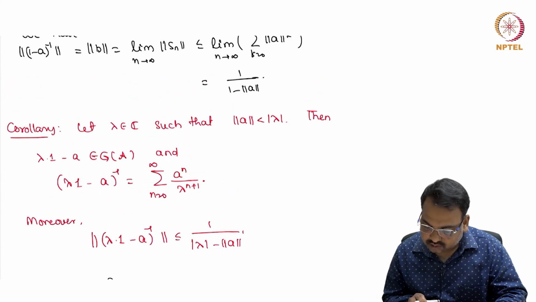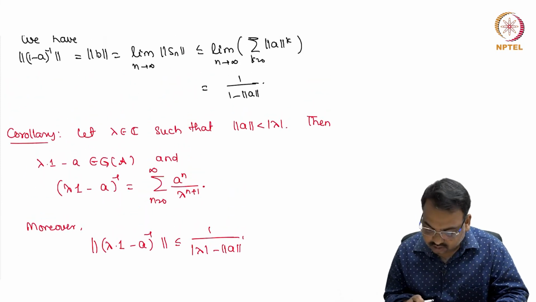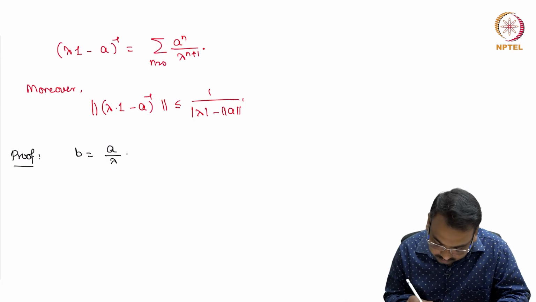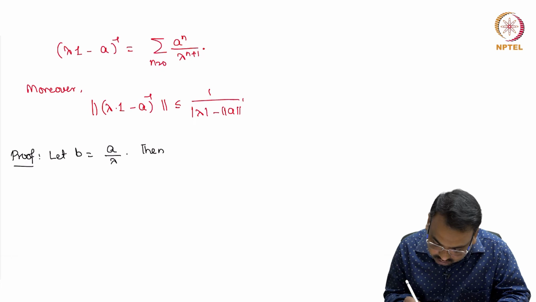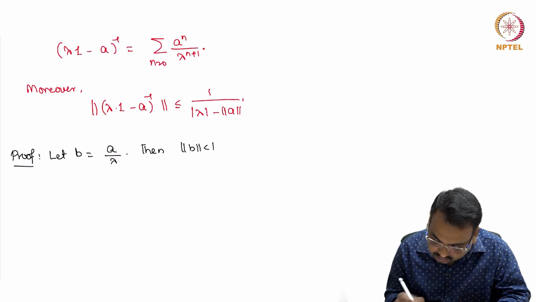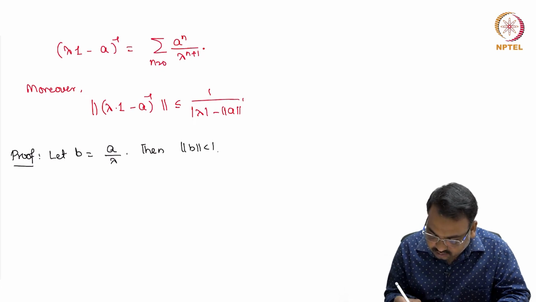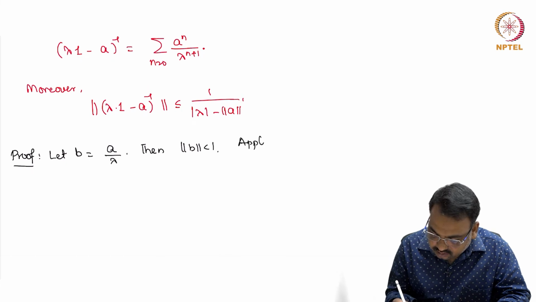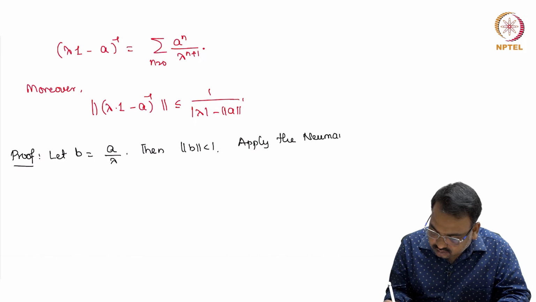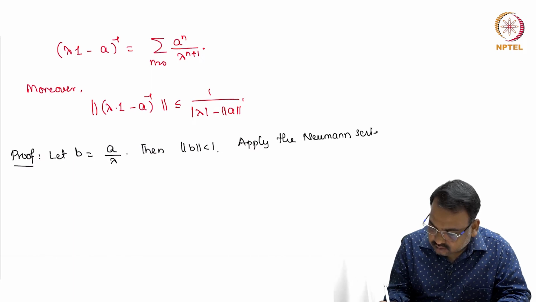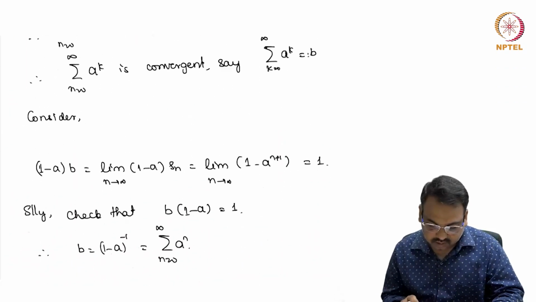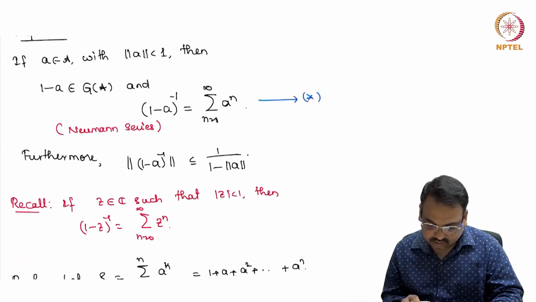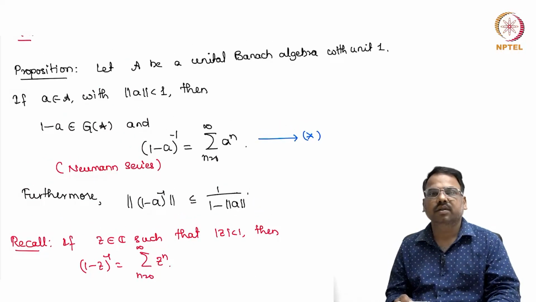Lambda cannot be 0 because mod lambda is strictly bigger than norm a. Then norm b is strictly less than 1, and now apply the earlier result to get the conclusion. So this is an easy consequence of the earlier result, which we call the Neumann series.